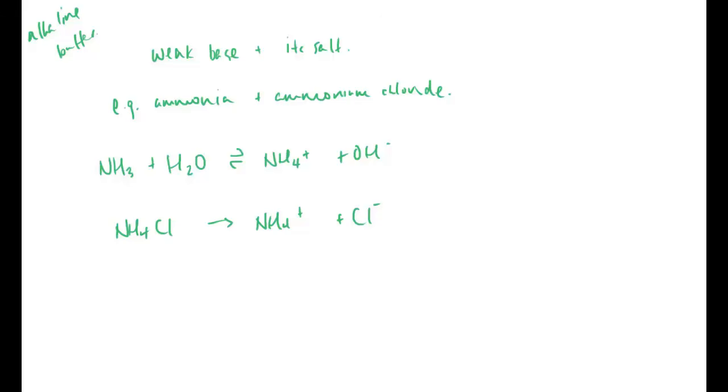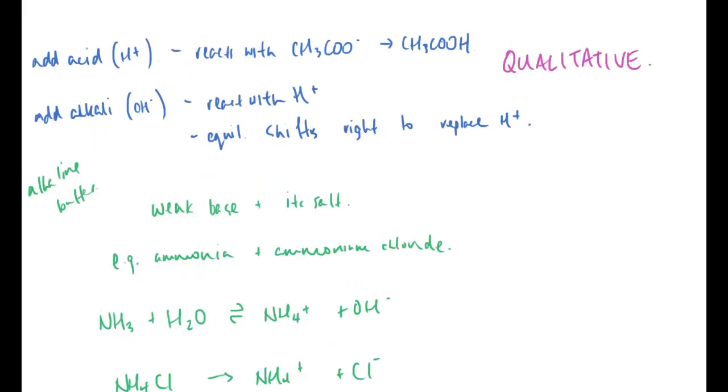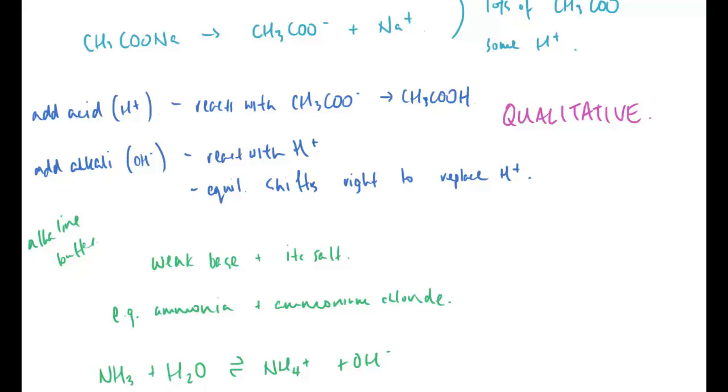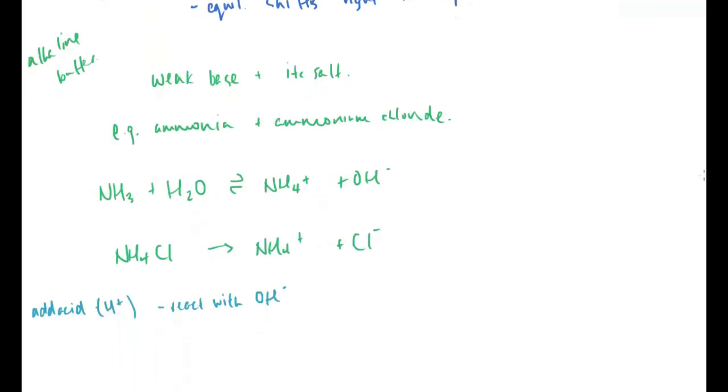Now, we'll have a look at exactly the same as before. So what happens if we add acid? Well, we add acid, remembering that acid is obviously H+. Again, when we add the acid, it's going to react with the OH-, and it's exactly similar. This is like adding alkali to the acid, but the opposite way around, so we're adding acid to the alkali.